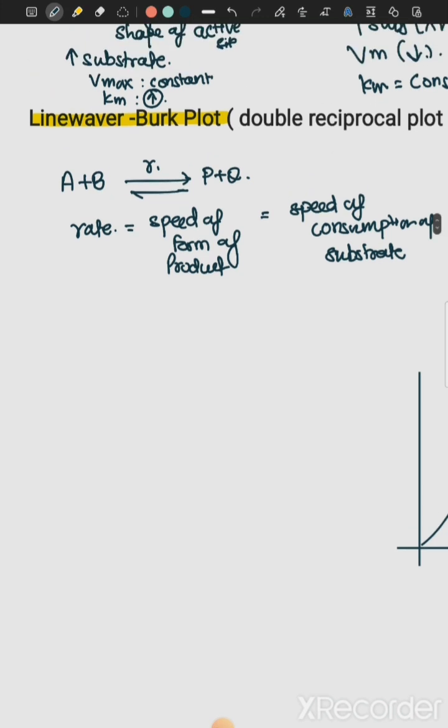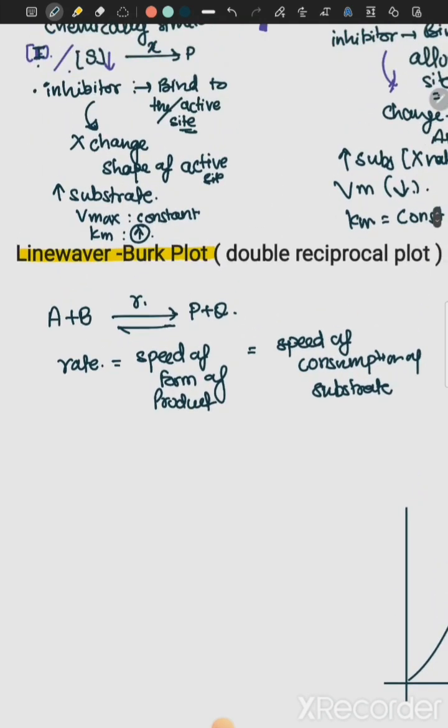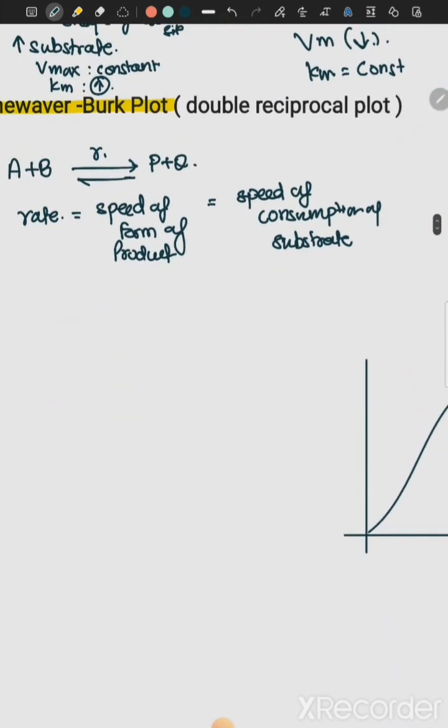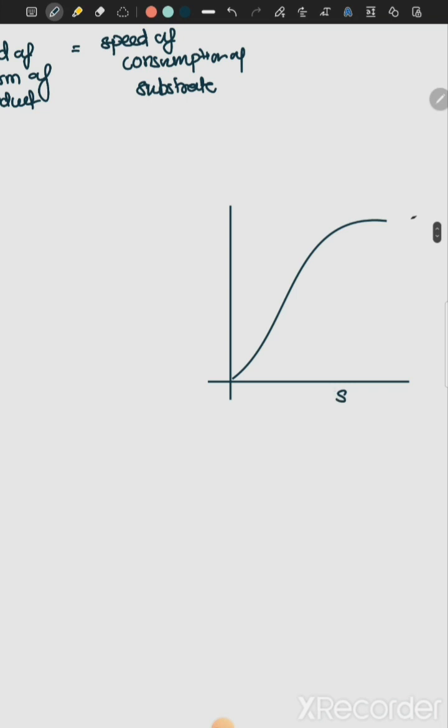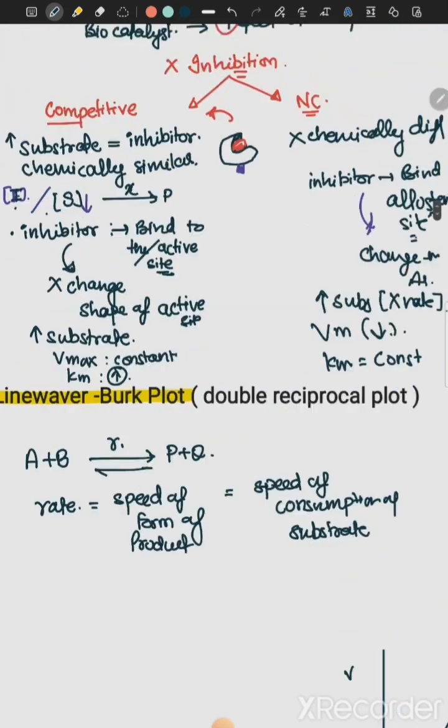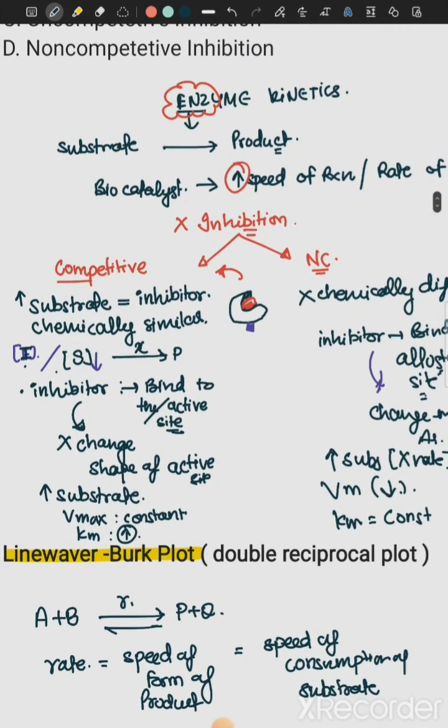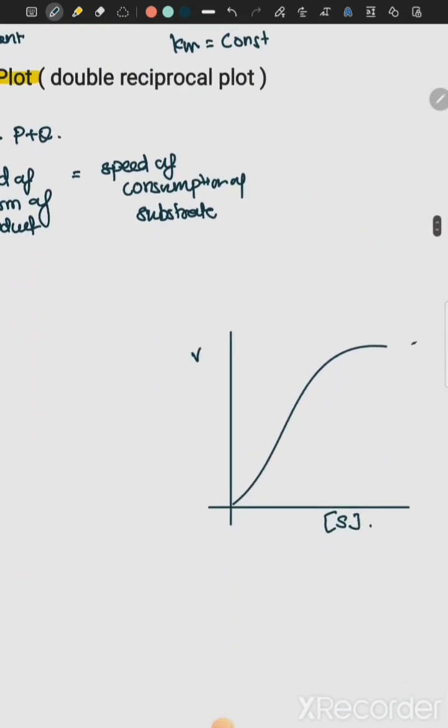In the given graph, on one side there is the substrate and on the other side the speed or rate of reaction. If you remember, from the beginning I told you enzymes increase the speed of reaction. So if a normal enzyme is put in and there is some reaction, then as time increases the substrate will form the product.